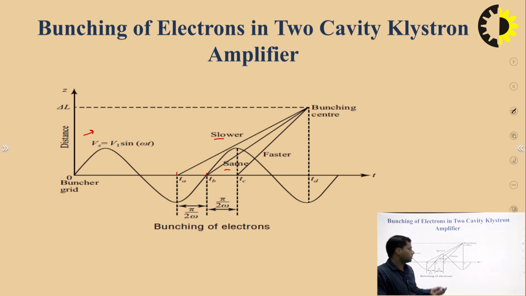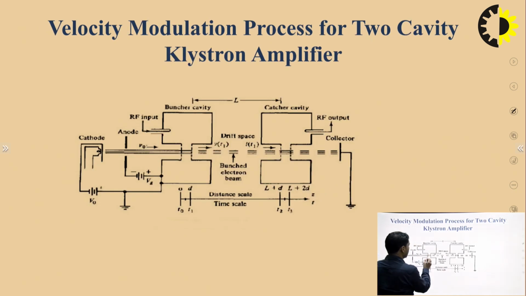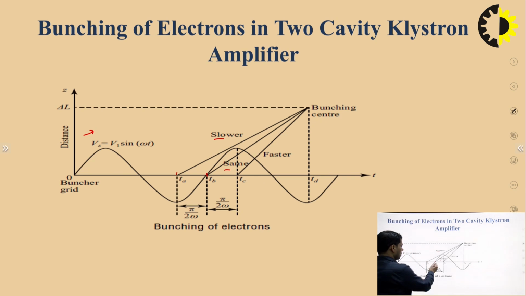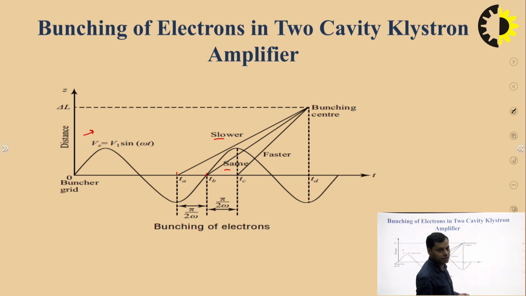It has a positive sign, and when it enters the gap, it comes later than the reference electron and is accelerated. Its speed increases, so its velocity changes and it becomes faster.